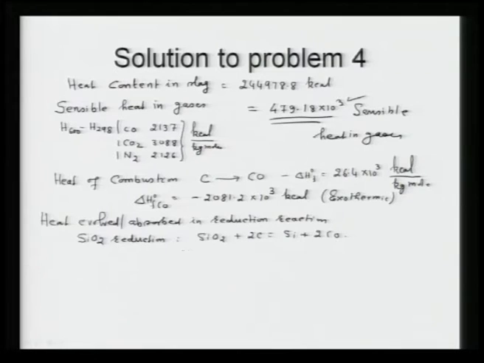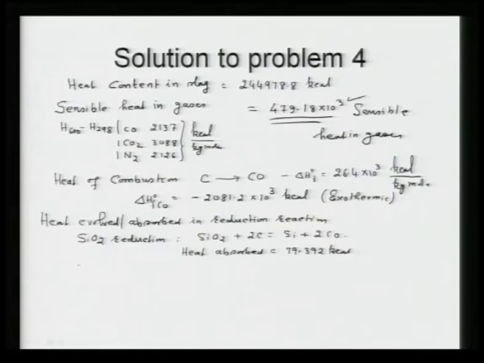So, the heat absorbed will be equal to 79.392 kilocalorie. You have to calculate the heat of reaction of this reaction. So, from the heat of formation of SiO2 and the heat of formation of carbon monoxide, you can calculate this particular value.